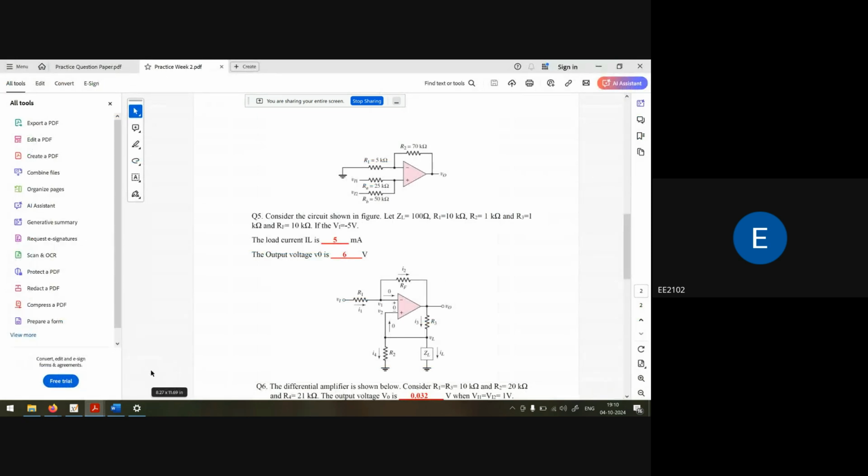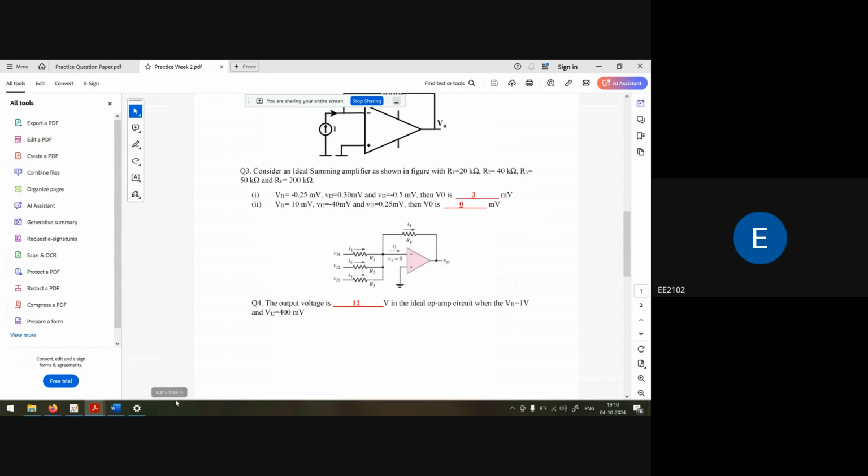Right, 25, 50. V1 is 1 volt and V2 is 0.4 volt.